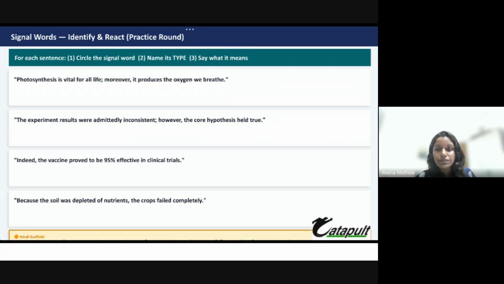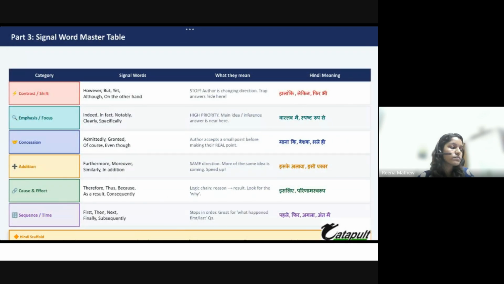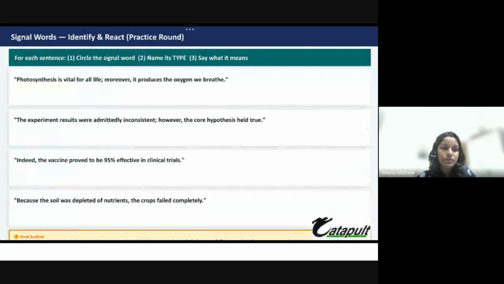In fact, the vaccine proved up to 95% effective in clinical trials. So indeed means you are emphasizing, or you are putting the focus on that same idea.